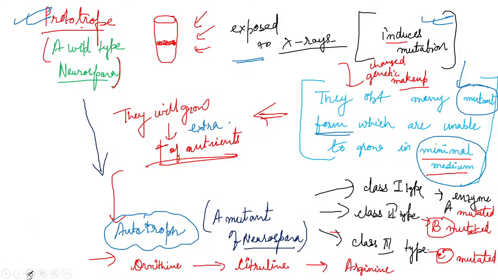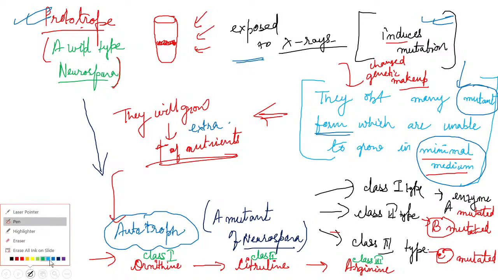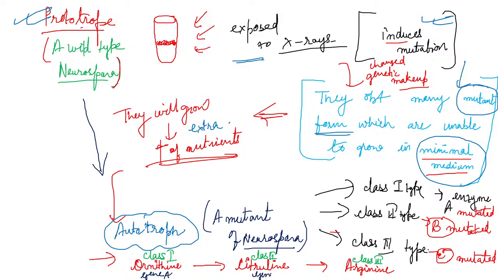This one was for class 1, this one for class 2, and this one was for class 3. Now this ornithine got gene A, citrulline got gene B, and arginine got gene C. Now I hope it is clear.